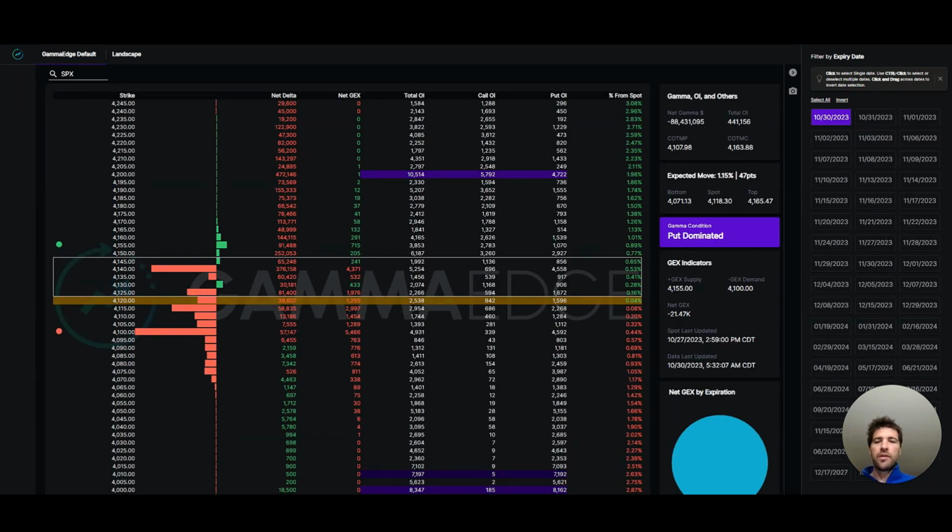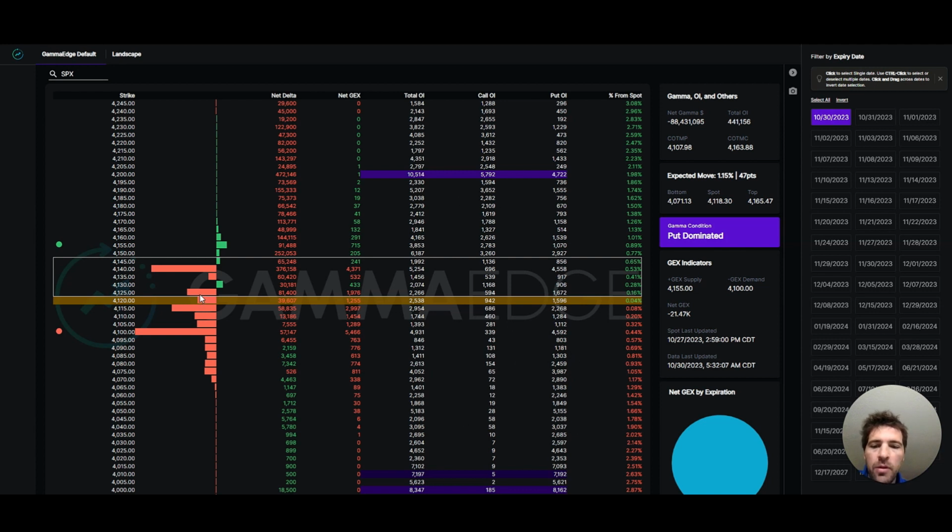Here looking at the 0 DTE complex, you can see predominantly puts are dominating above spot price and below spot price down until we get to this 4090 area. Keep in mind the single day put call ratio that Paul hits on in the Discord. Just look at the dominance of puts below spot and then calls above spot.